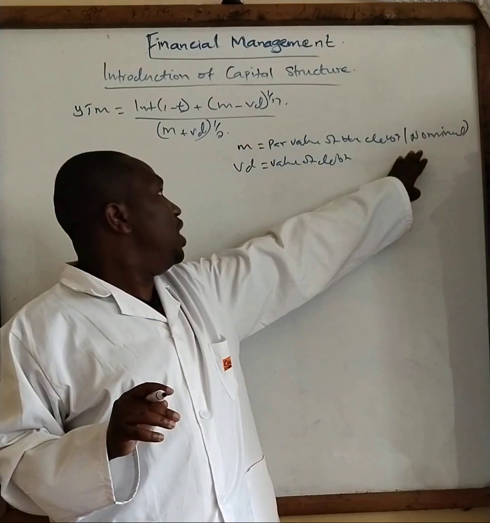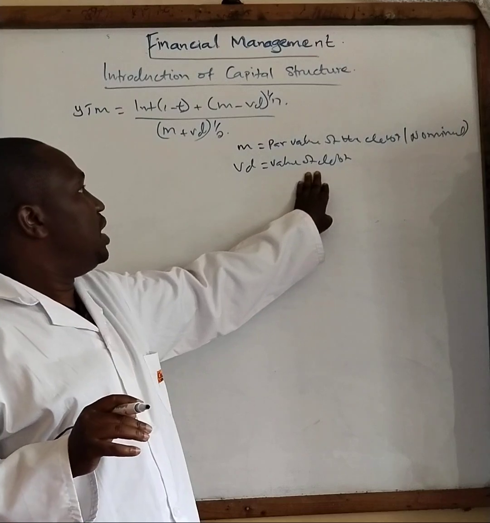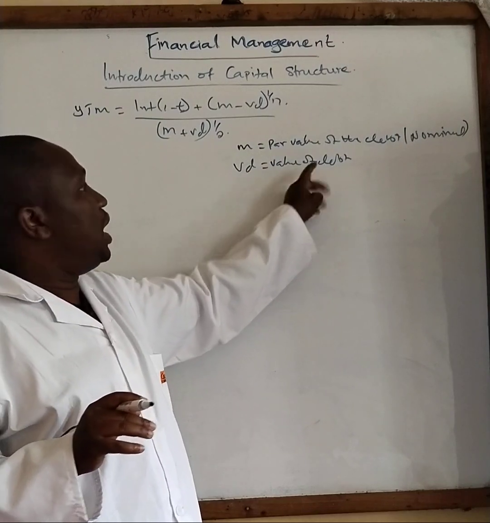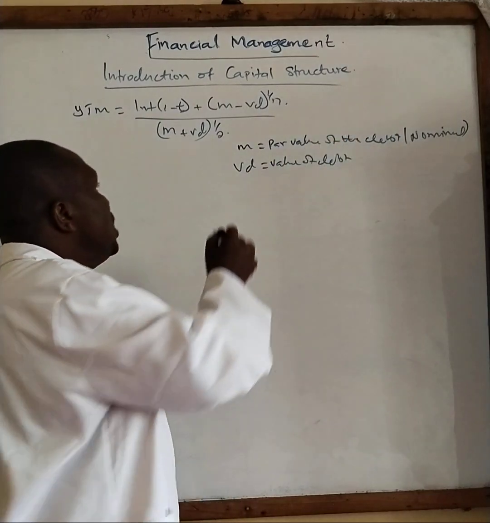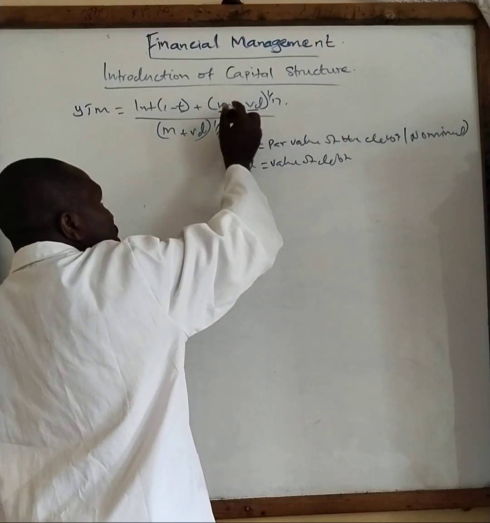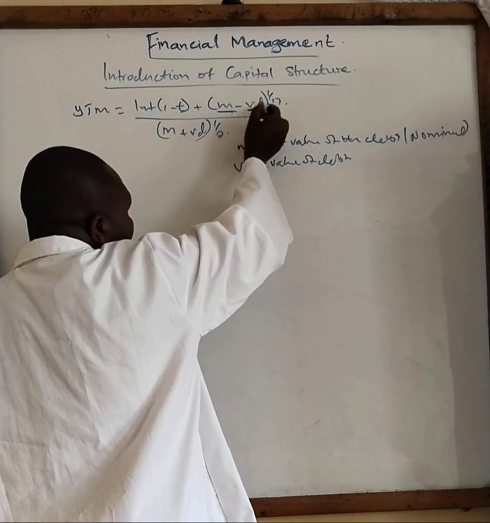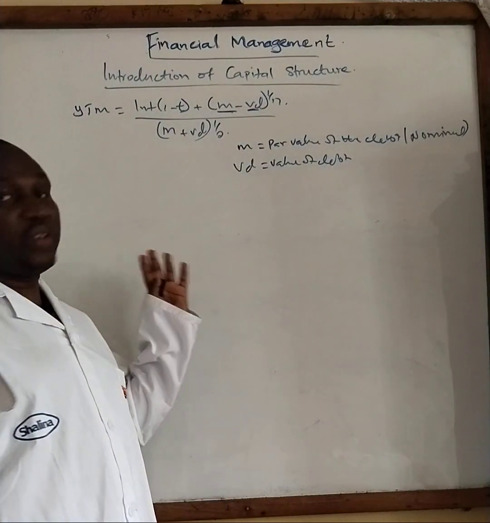This is nominal value. Now, value of the debt, in this case now, is given value. This is the market value, and this is the nominal value. So therefore, we have to compare the market value minus the nominal value, that is the par value, minus the market value here. You will be able to get the difference.